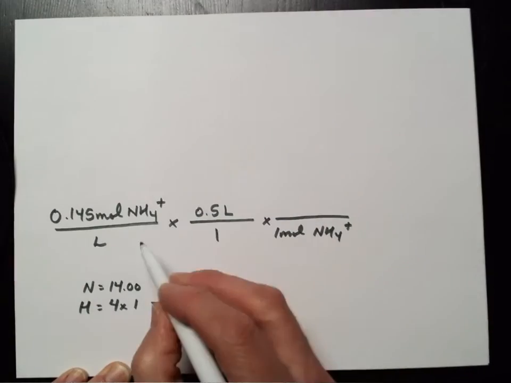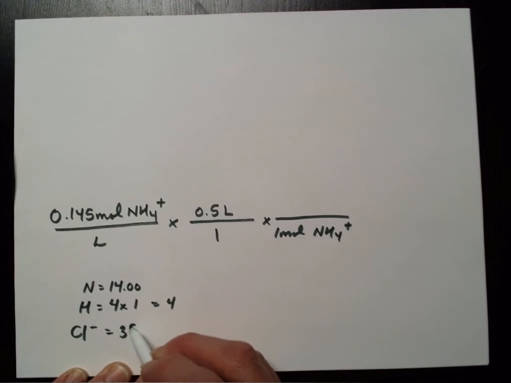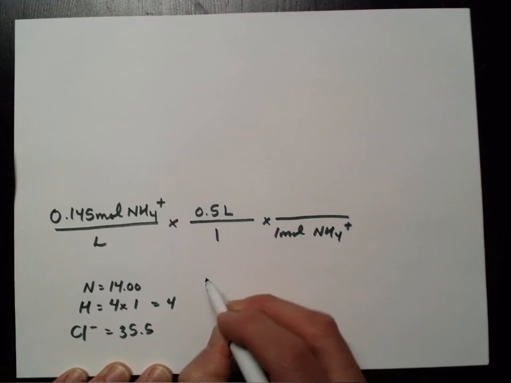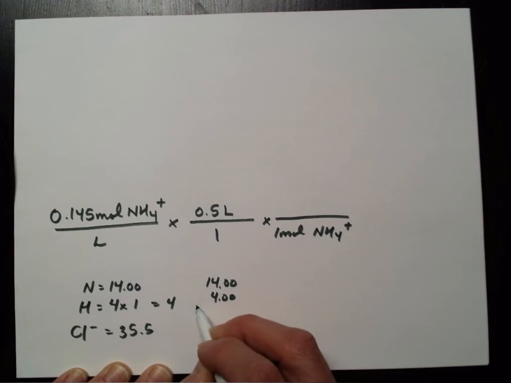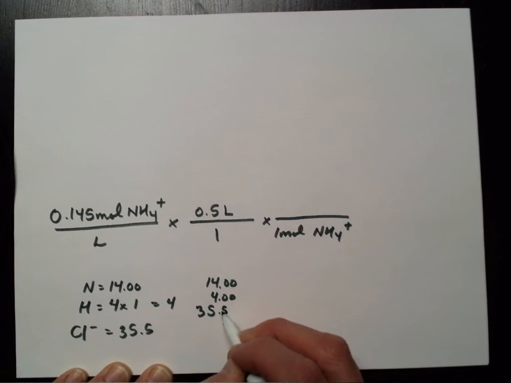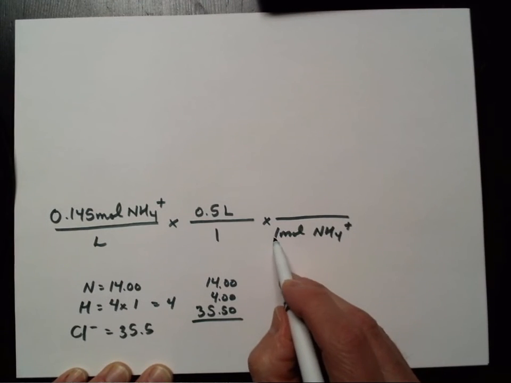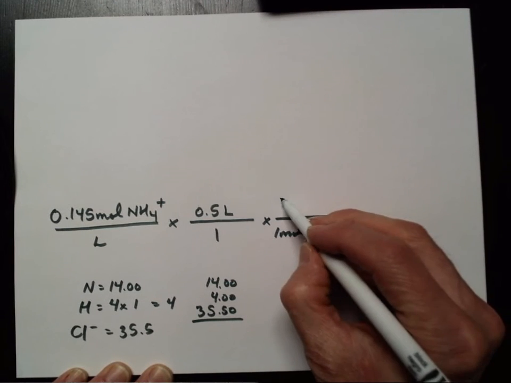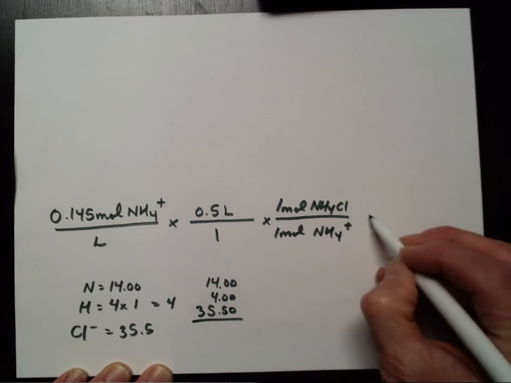So let's see. That's going to be chloride as well, which is 35.5. Let's see, 14 and 4 and 35.5. Before I do all this, I think I'm skipping some steps for some folks. So make sure you recognize for every 1 mole of ammonium, that's going to come from 1 mole of ammonium chloride.